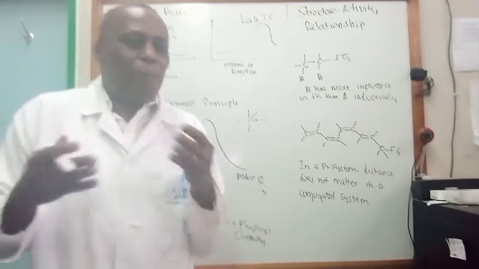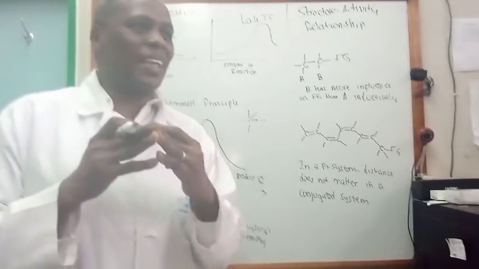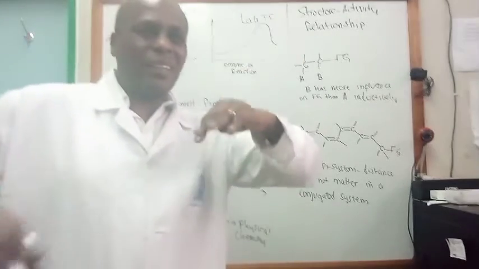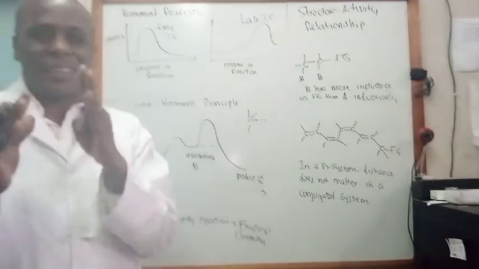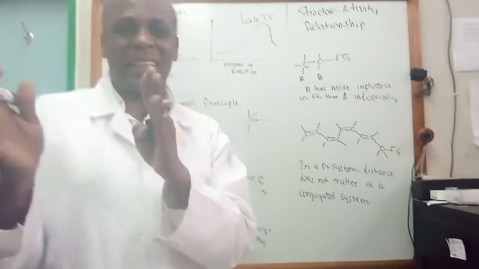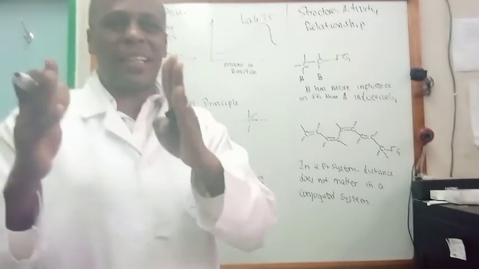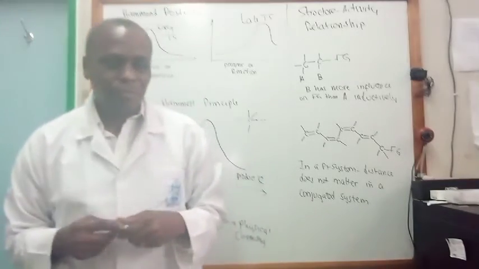A bond is the optimum distance that optimizes the repulsion and the attraction of electrons. So there is an optimum distance between one nucleus and another, between one atom and another in a bond.